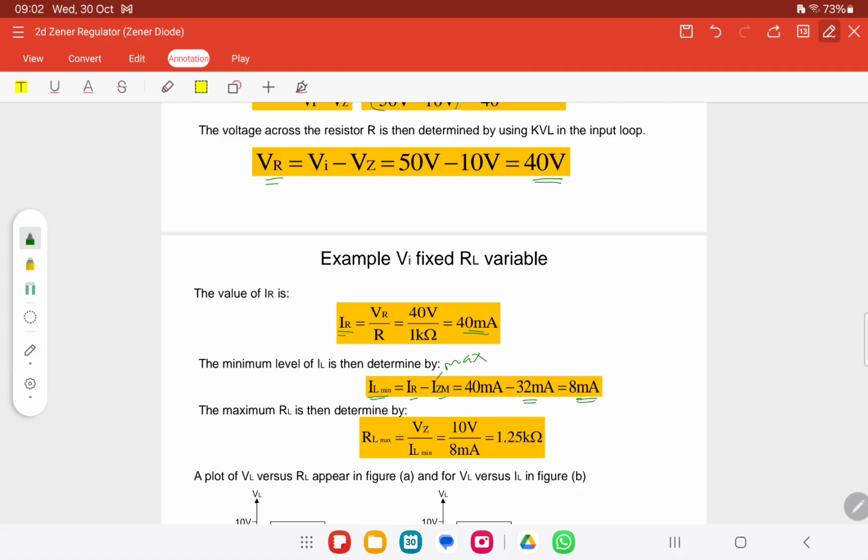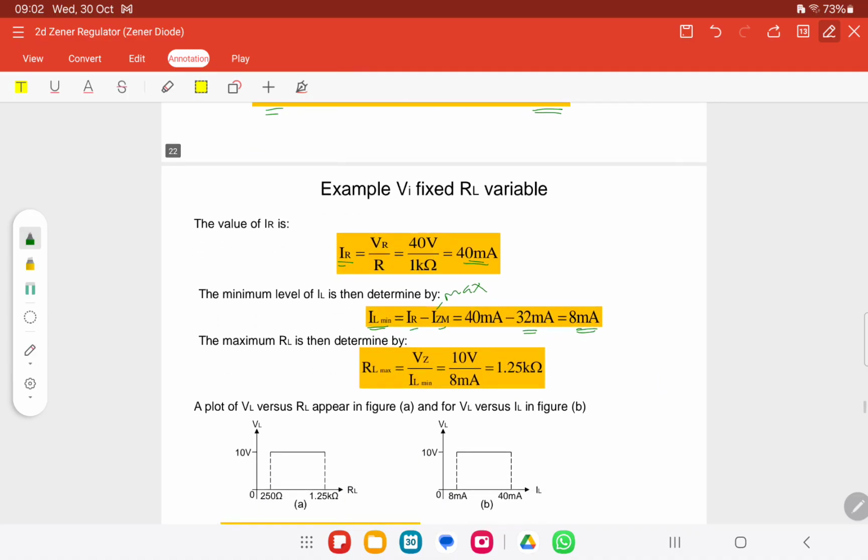This one will be the IL min. So next one, kita from the IL min we can get the value of R yang lagi satu. Kalau you tak yakin RL max ke min, lupa, so tulis je dulu value, baru dah dapat value baru tengok oh yang ini lebih besar, so this one will be max.